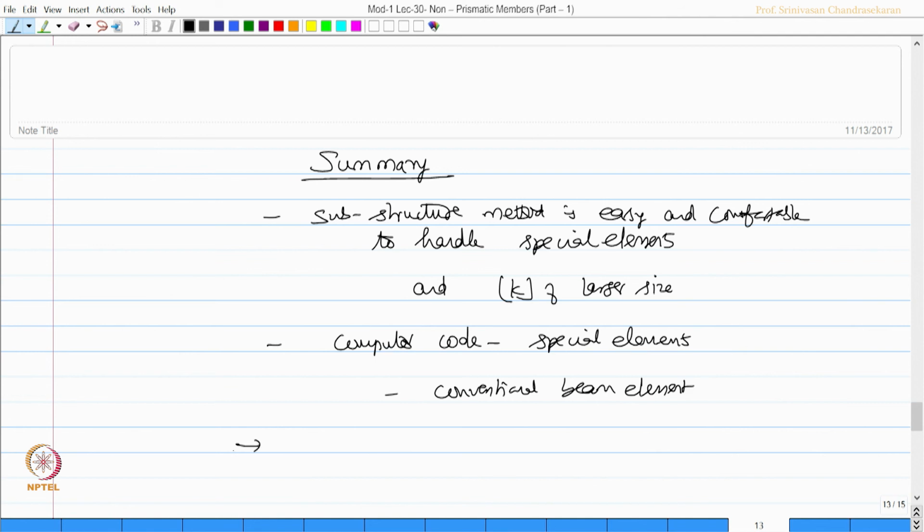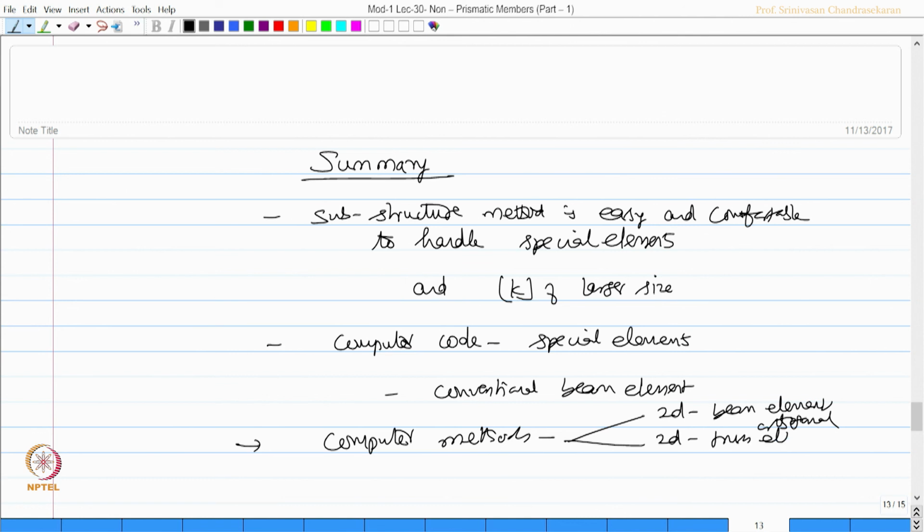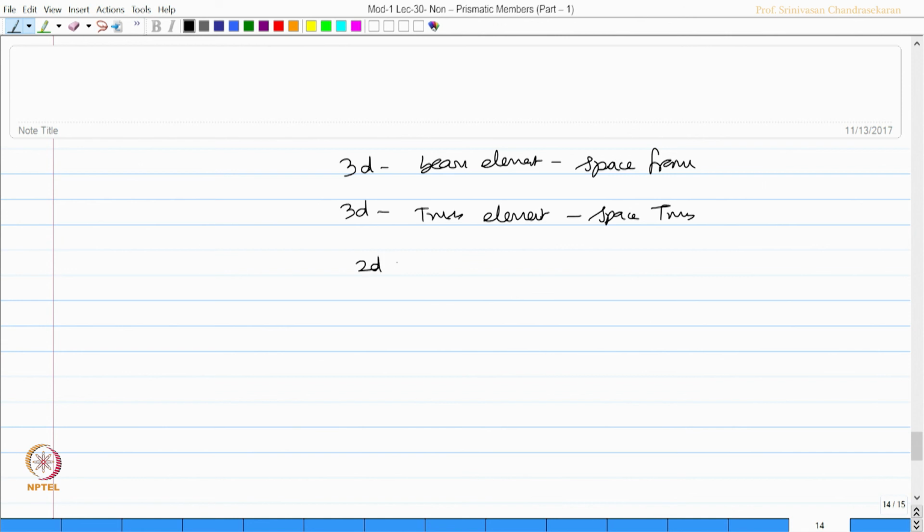So, we have effectively used computer methods for solving various types of problems, varying from 2-dimensional beam elements, orthogonal frames, then 2-dimensional truss elements, then 2-dimensional beam elements with non-orthogonal frames, then 3-dimensional beam element space frames, then 3-dimensional truss elements, which we call a space truss, and also 2D special elements.